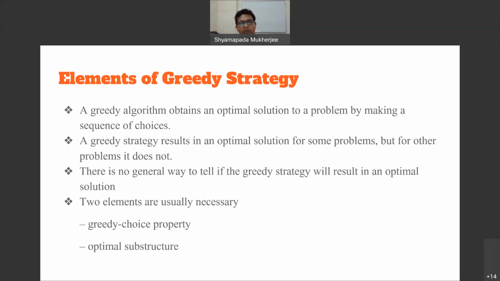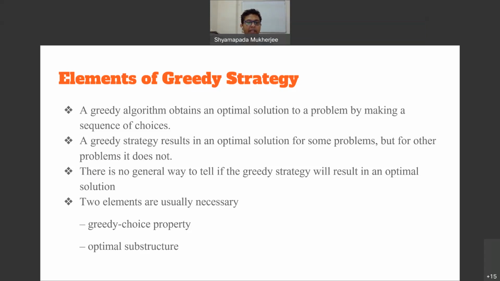We will see some examples that in some cases greedy algorithms can give an optimal solution, but in a few cases it may fail. So we'll talk about that also. Finally, we will be applying greedy algorithm on problems like the activity selection problem we have talked about.